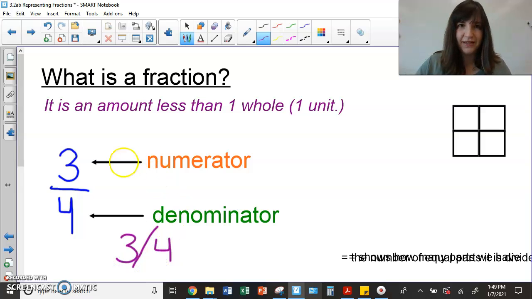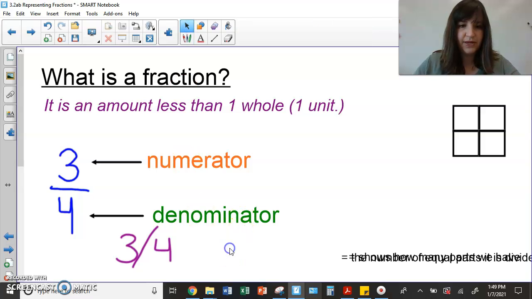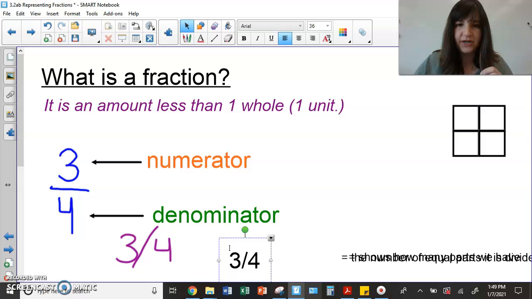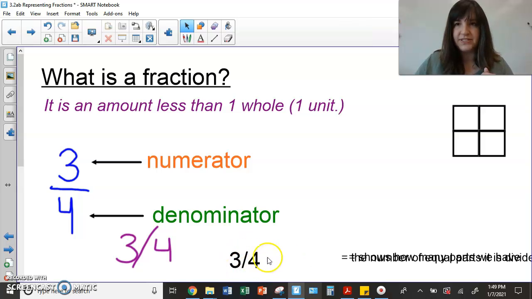Sometimes when we're typing, like if I were to type 3/4 right here, I'd use that slash. That represents a fraction just like this. So this is 3/4, this is 3/4, this is 3/4. This slash is just what we hit on our keyboard, and that's our dividing line, and that separates the numerator and the denominator.